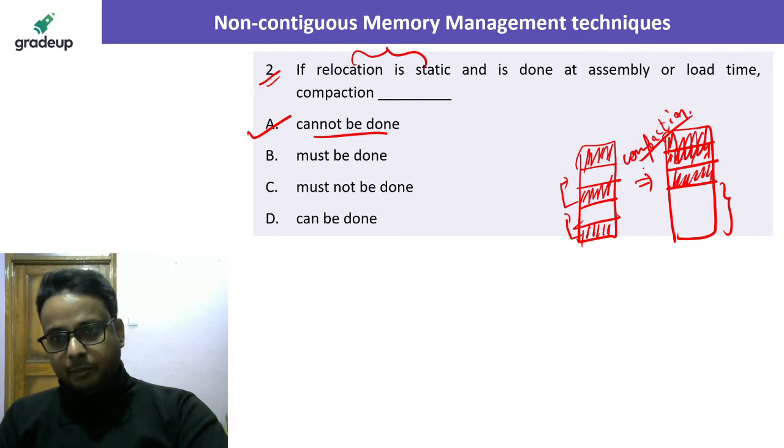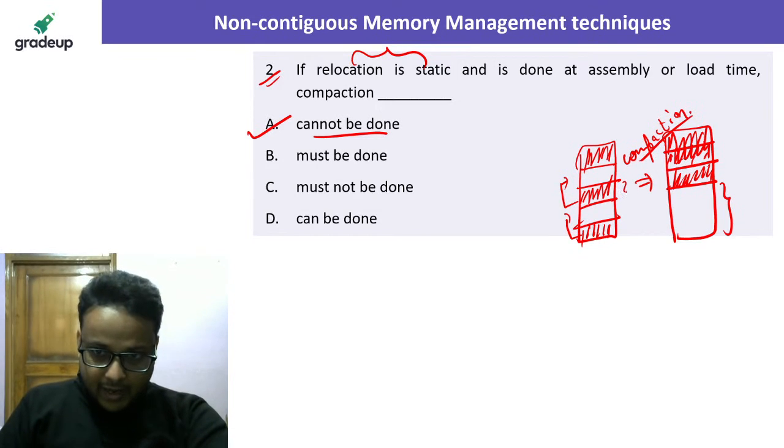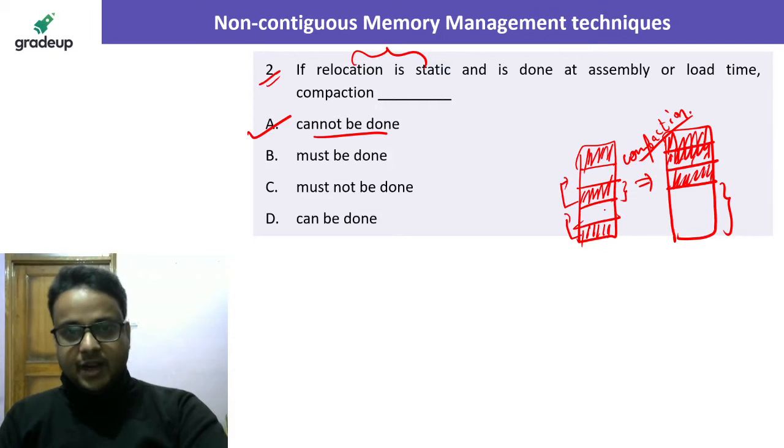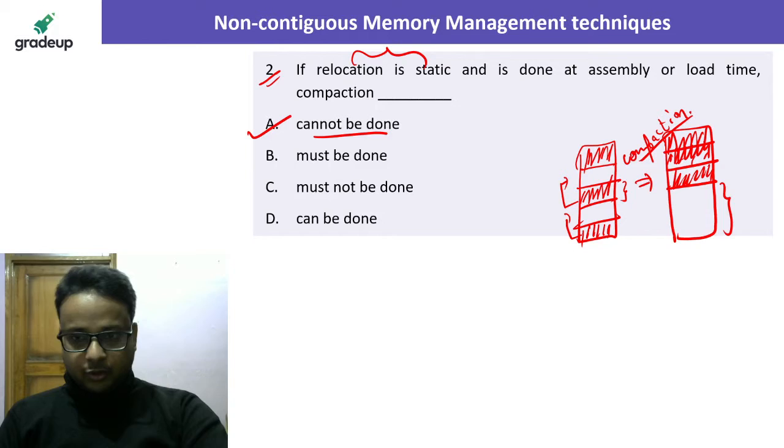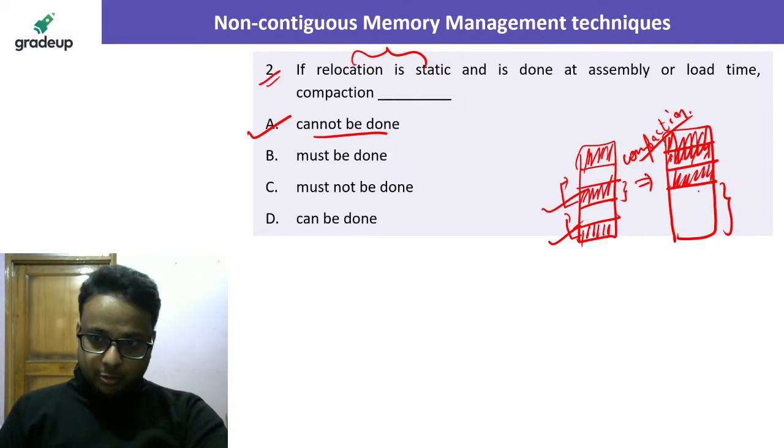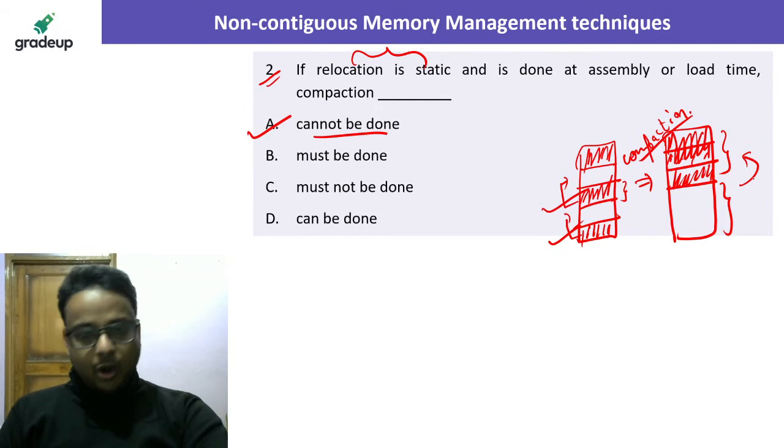Now, when we do compaction, the limit stays the same, but the base address of process number 2 and process number 3 will be modified at runtime, because we can move the processes upward or downward.